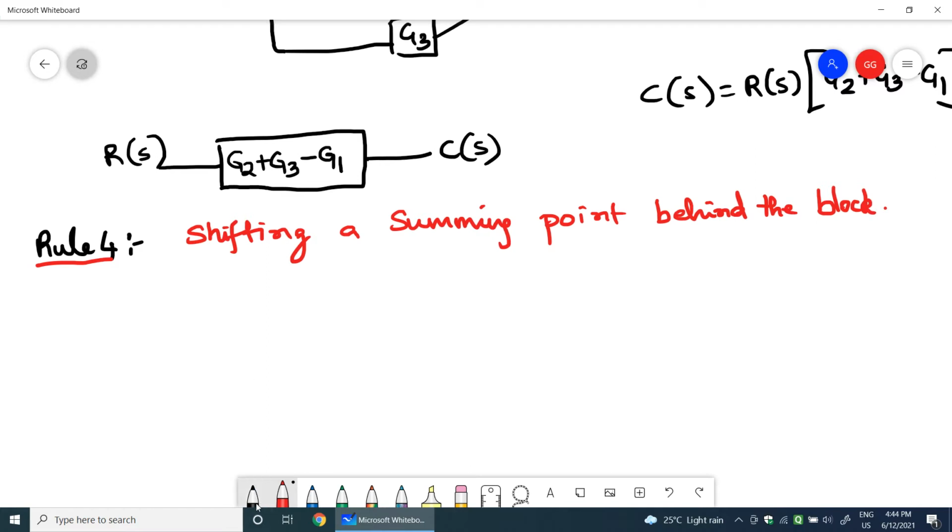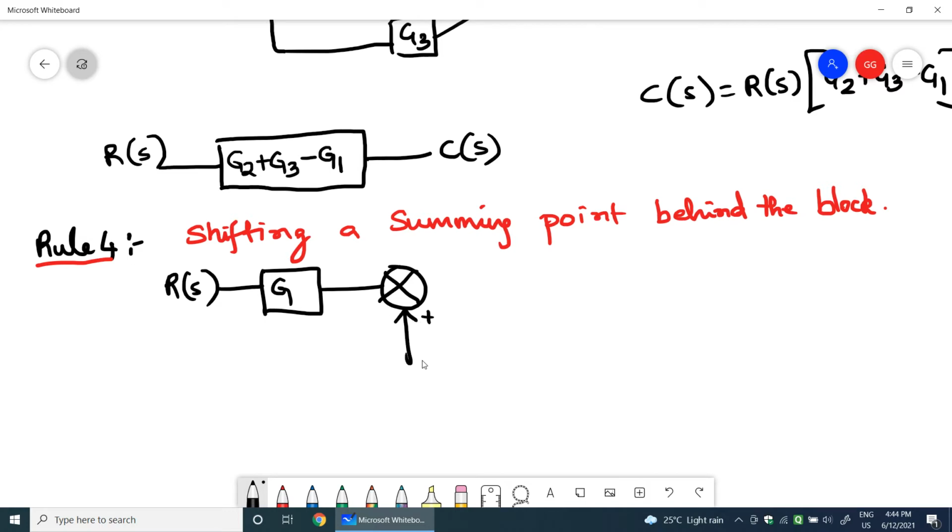Now think we will have a block G where you have R of S here, and this is connected to a summing point where you will have another variable Y here, and this would be the output C of S. Now if I say what is C of S, C of S is nothing but R of S into G added with Y, plus Y. Now this summing point in this diagram is after the block G, right?